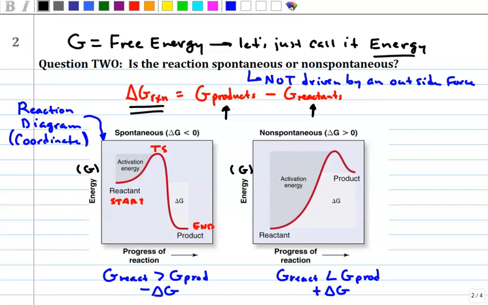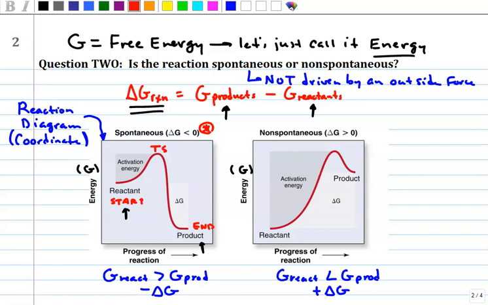If the energy of the reactant is higher than the energy of the product, then when you go to this equation, delta G Rxn will be negative. So a negative delta G, or a delta G less than 0, indicates you have a spontaneous chemical reaction.